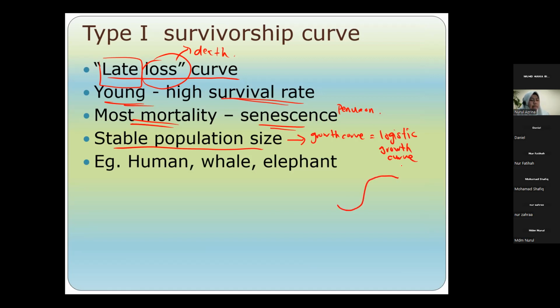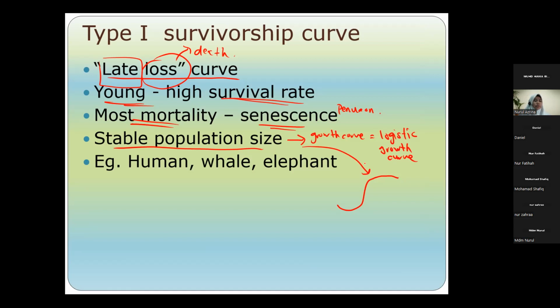Macam ni. Stable environment means this environment living at the population that near or reaching the carrying capacity. Okay, what are organisms that have this type 1 survivorship curve? They are human, whale, elephant, lion, tiger, usually bigger organisms or bigger mammals. Okay, so these are type 1 type survivorship curve.